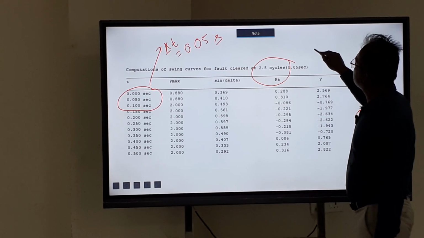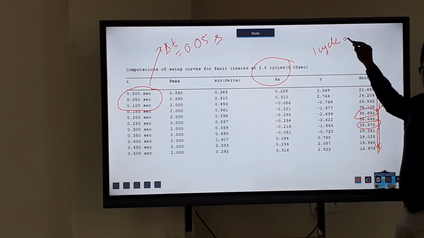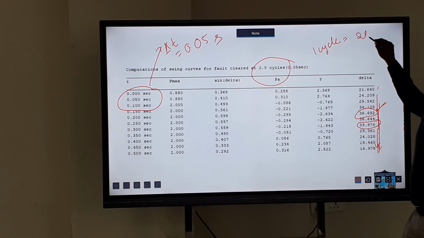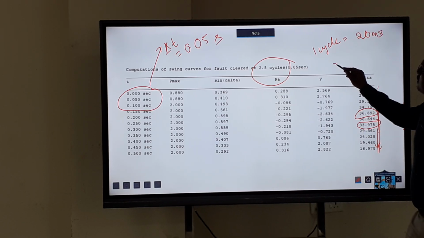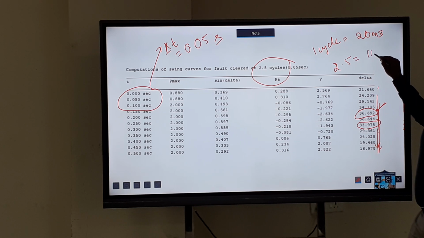One cycle is how many seconds? 20 milliseconds. So 2.5 cycles is 50 milliseconds.